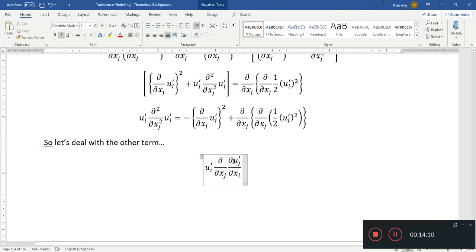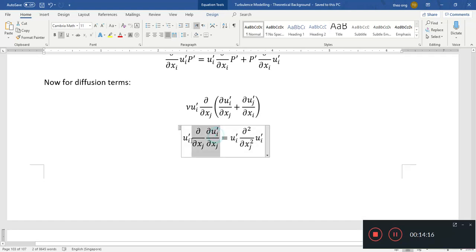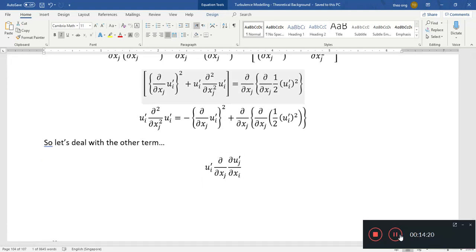Anyway, we'll try to do a similar trick to what we have here. Let's try and do it properly and see what terms come out.